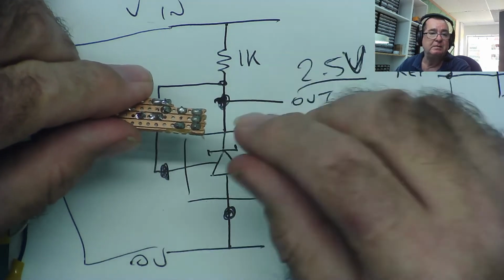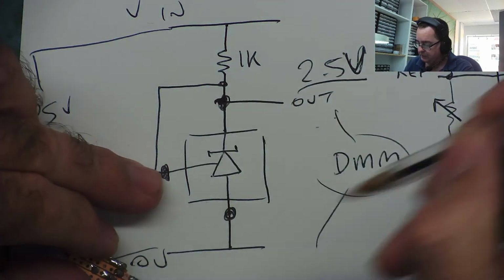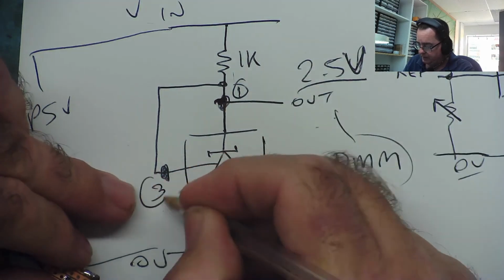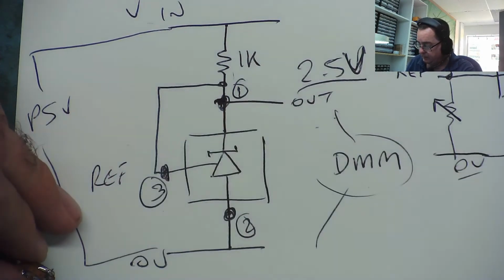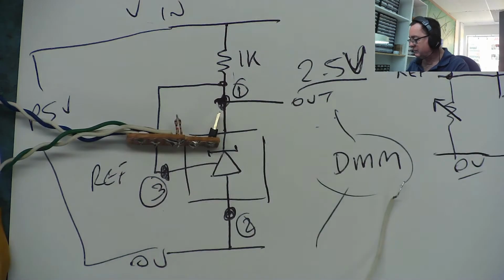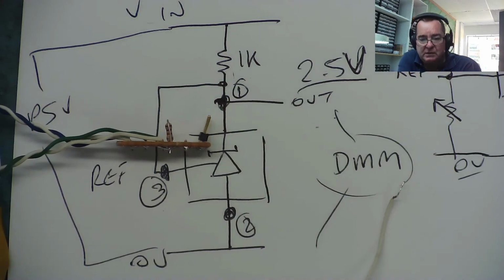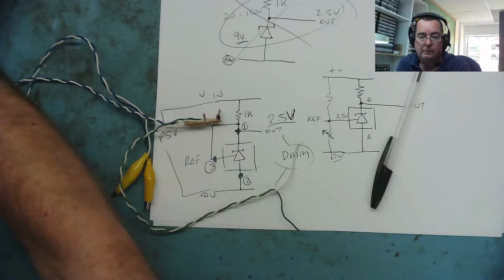We can put it either way round because these are the two ends. This is pin 1, this is pin 3, and this is pin 2, ref. So that's why we can put it either way around. Okay, so let's not natter on anymore. Let's try it. Let's see what happens. I'll just pause this while I set it up with the bits we need.